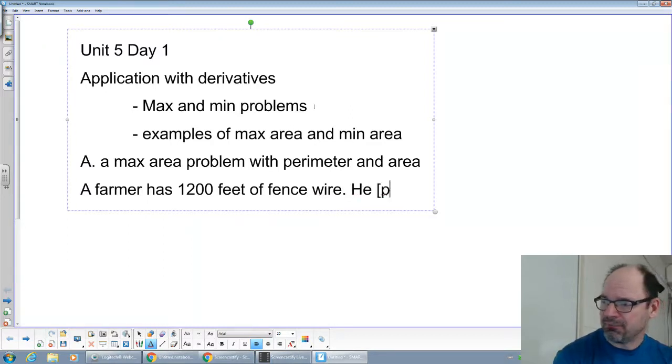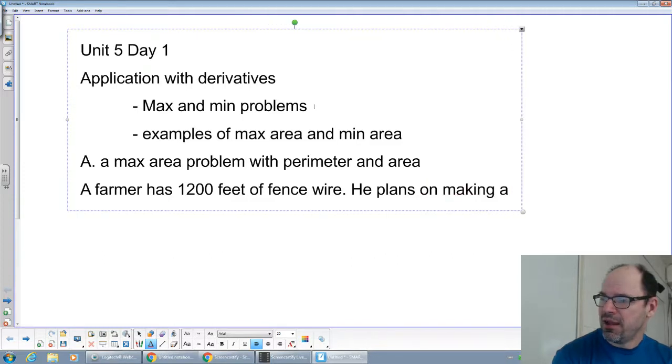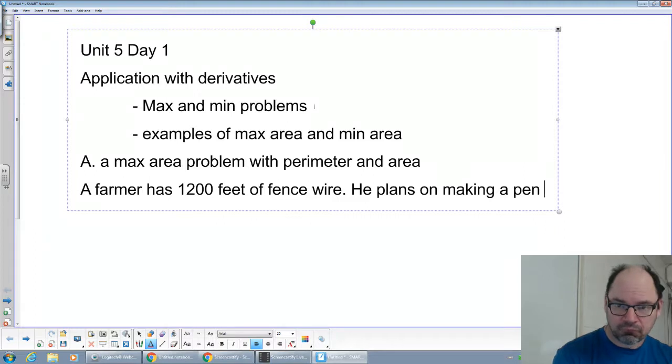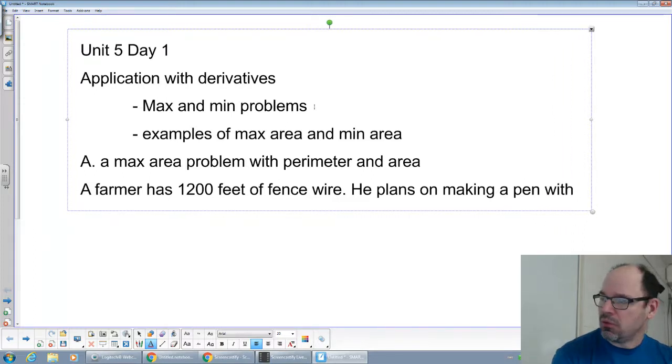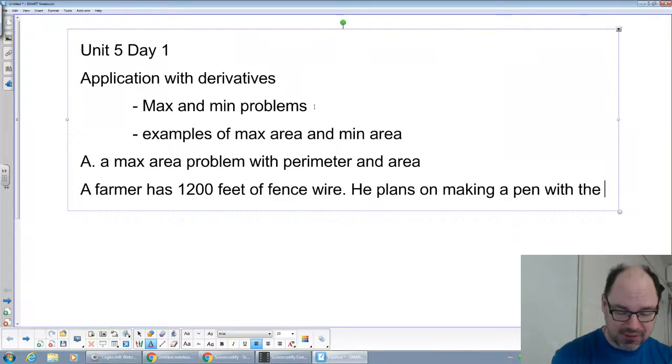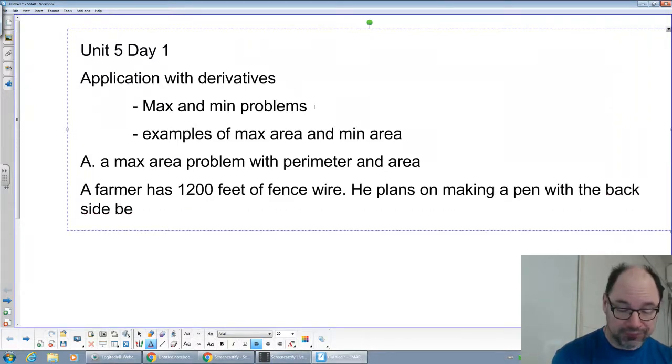Plans on making a pen with the backside being his barn wall. Find the dimensions of the pen to maximize the area.